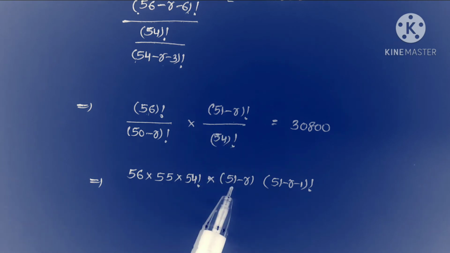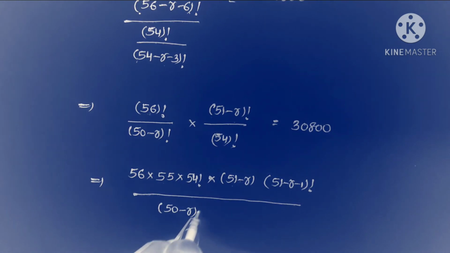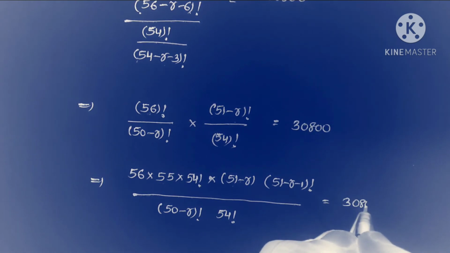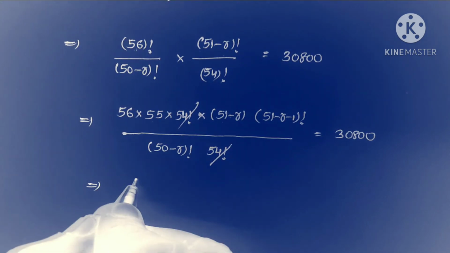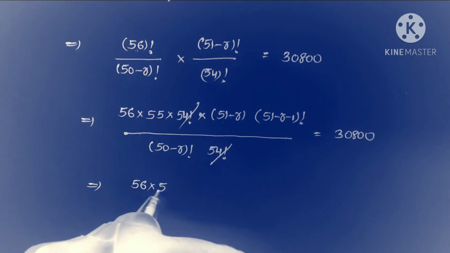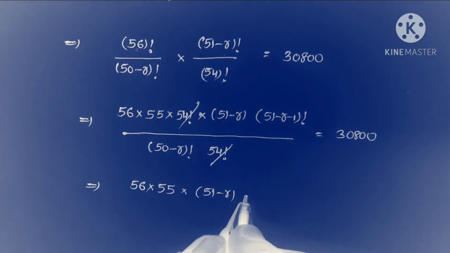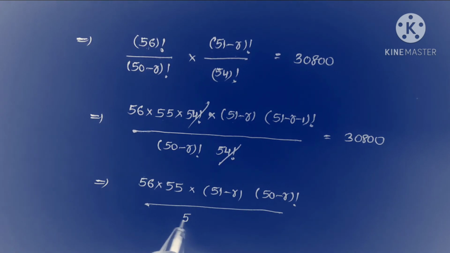n factorial is equals to n into n minus 1 factorial, that is 51 minus r factorial is equals to 51 minus r into 51 minus r minus 1 factorial whole by 50 minus r factorial into 54 factorial is equals to 30,800. Now here 54 factorial are cancelled, and this is equals to 56 into 55 into 51 minus r into 51 minus 1, that is 50 minus r factorial whole by 50 minus r factorial.